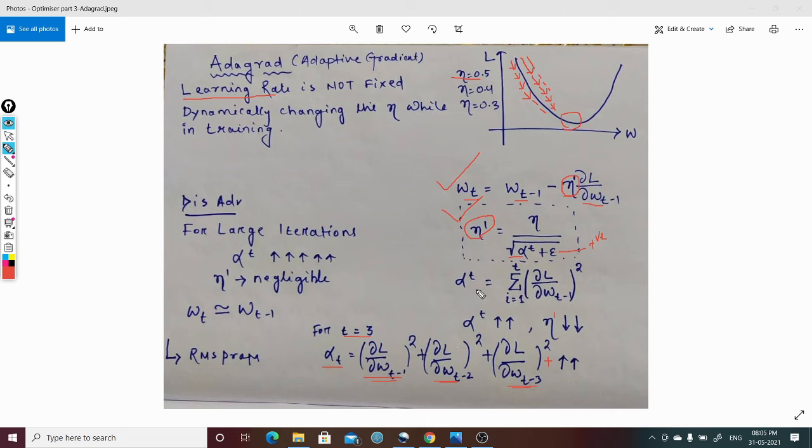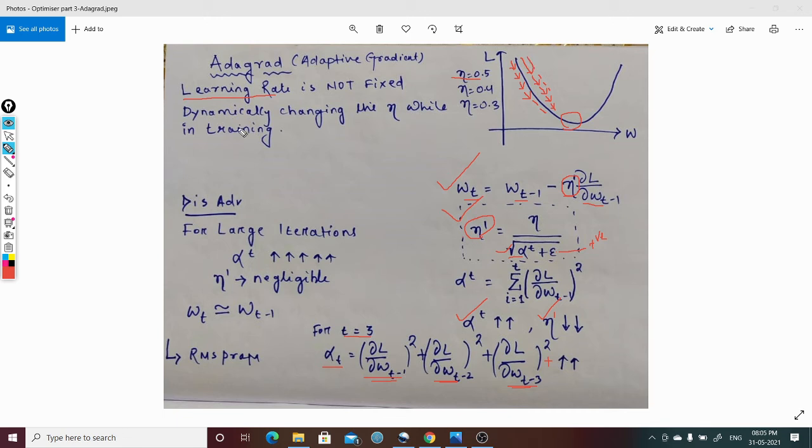If this alpha t increases, as you can see, this eta dash, that new learning rate, will decrease, right? So that actually proves that as the training increases iteration by iteration, the new learning rate will be decreasing.